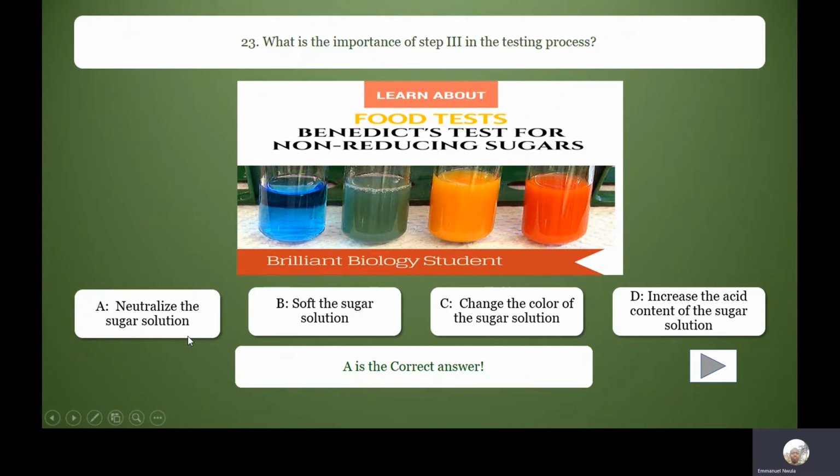Of course, when you add HCl, the sugar solution becomes acidic. And so you add the sodium hydroxide to neutralize it, because sodium hydroxide is an alkaline substance. So the answer here is A, to neutralize the sugar solution.